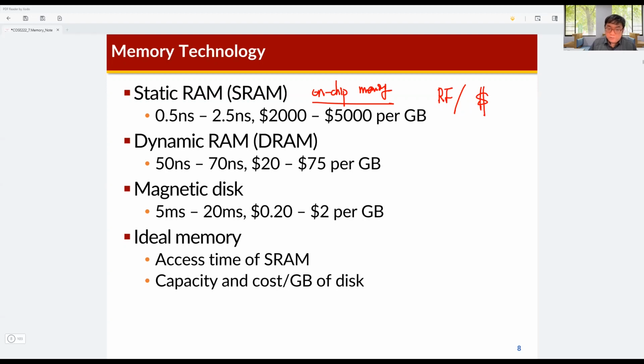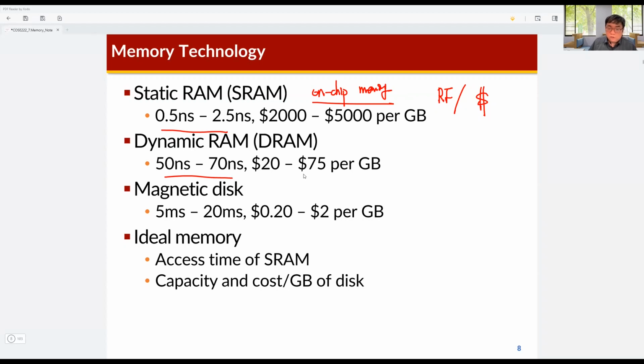And how about dynamic RAM? I believe most of you know that. DRAM is used for main memory in computer systems, but its performance is lower than SRAM. This is the typical latency of SRAM, and this is the typical latency of DRAM.